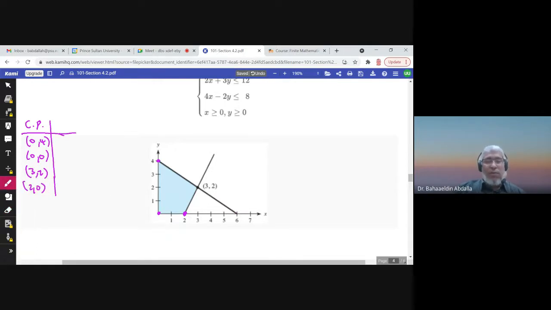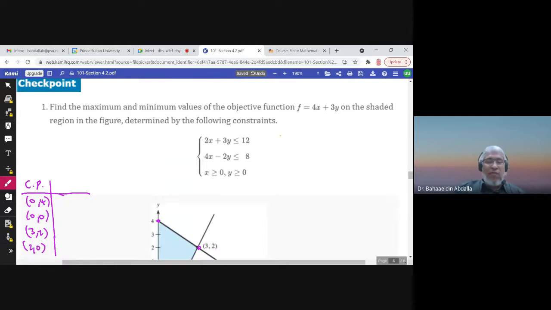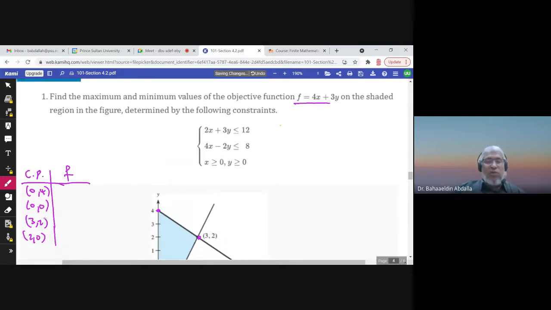So now I have 4 corner points, and I put them where? In f, the objective function. So 4 times 0 plus 3 times 4, that's 12. 4 times 0 plus 3 times 0 is 0. 4 times 3, 12, plus 2 times 3, 6, that's 18. And 4 times 2 is 8, plus 0, so this is 8.